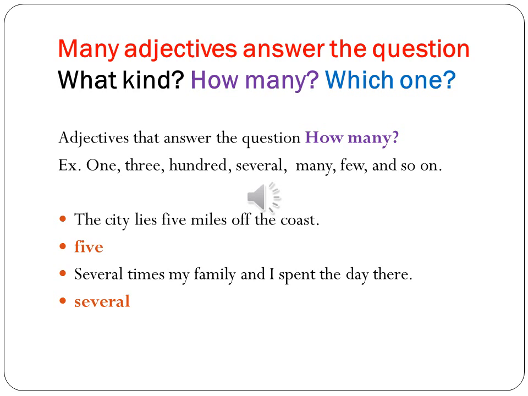The city lies 5 miles off the coast. Which is the adjective that tells how many? Yes, 5. The other example: several times my family and I spend the day there. Here, which word is an adjective that answers the question of how many? It's several.